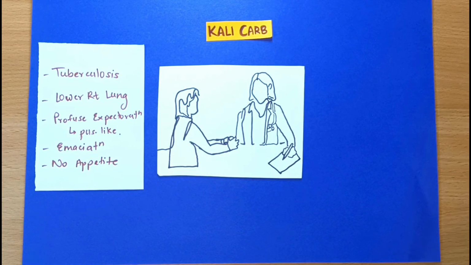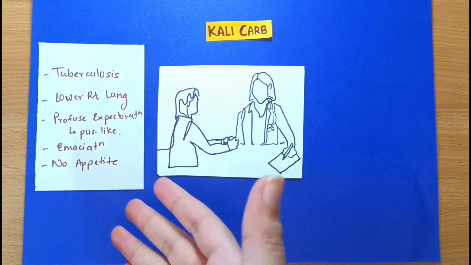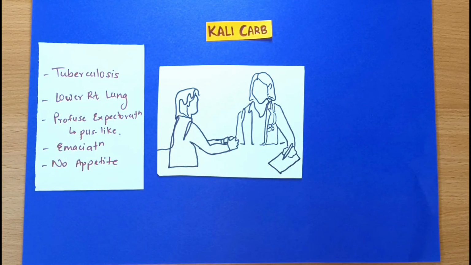But he comes to Dr. Nash, and on the totality of symptoms, Dr. Nash gives him Kali Carb, and just within 8 days of one dose of Kali Carb, this patient gets completely well, and even 25 years later, when Dr. Nash is writing about Kali Carb, the patient is still alive, hale, and hearty.